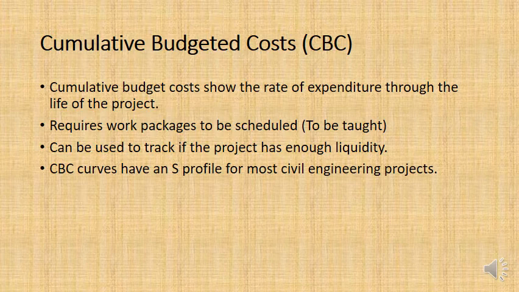The curve is in the shape of an S. And that's basically because most of the expenditure in a civil engineering project is not done at the definition and planning stage or in the delivery stage. Most of the expenditure happens in that middle construction stage usually.